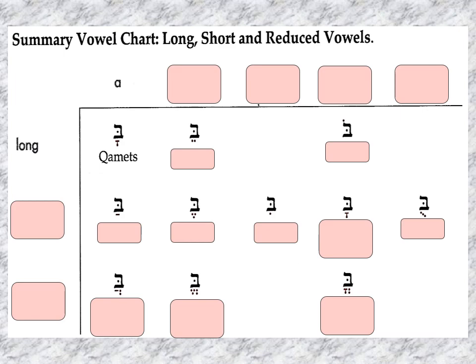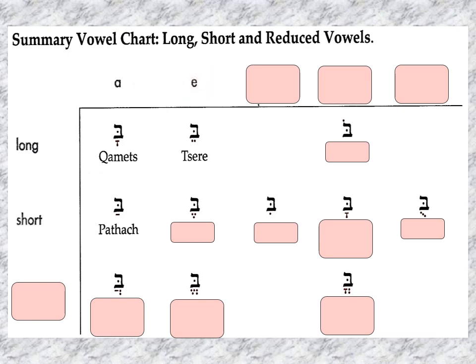Then you would continue down the A class column, and I'd ask you, what is that vowel? You would say patach, and then tell me it's a short A class. How about continuing along the top row, the long, what is that? Those two dots, tsere. What is its class? It's a long E class.